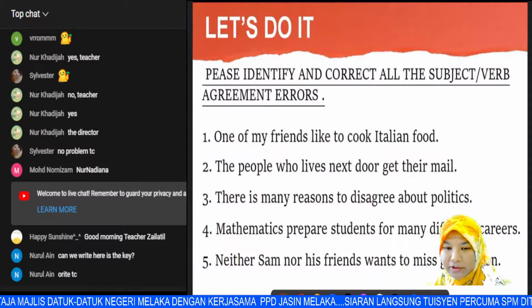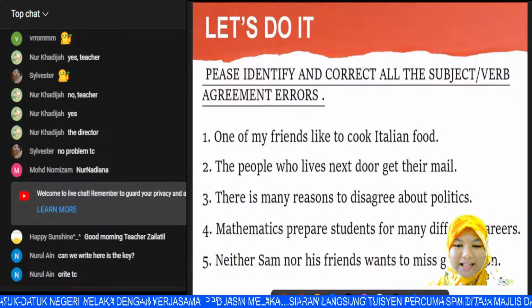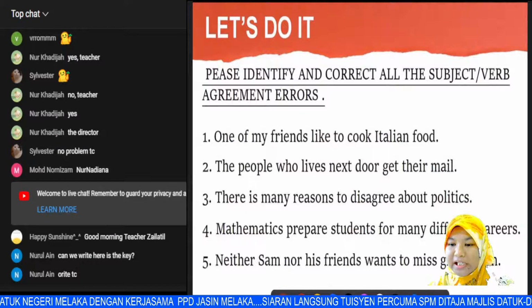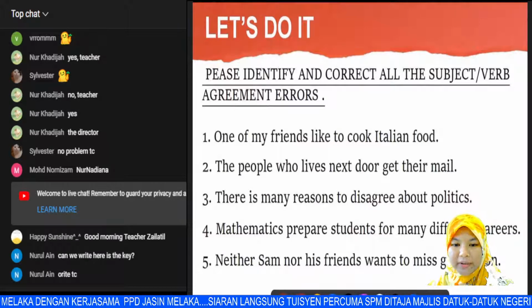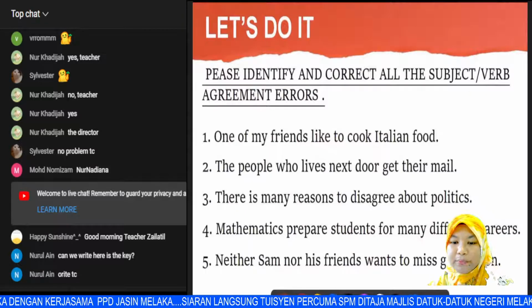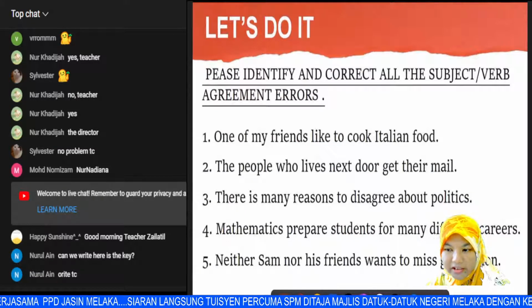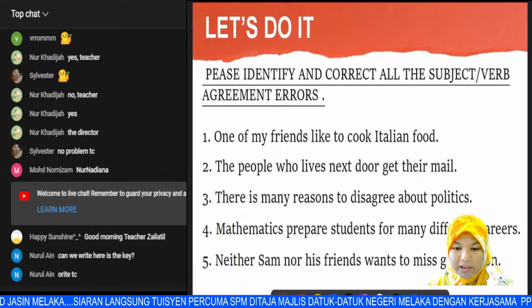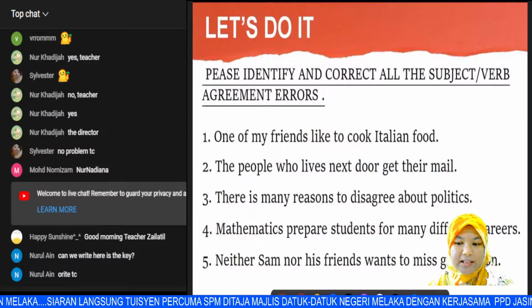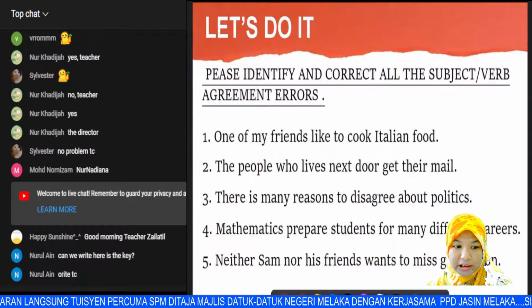Number 3, there is many reasons to disagree about politics. Number 4, mathematics prepare students for many different careers. And last one, neither Sam nor his friends wants to miss graduation.